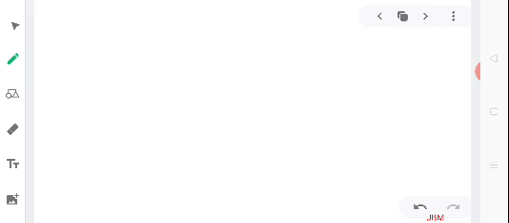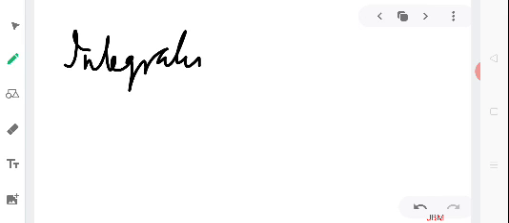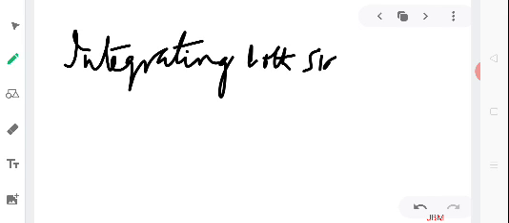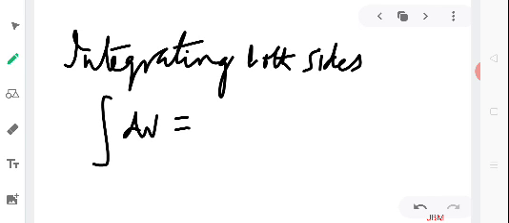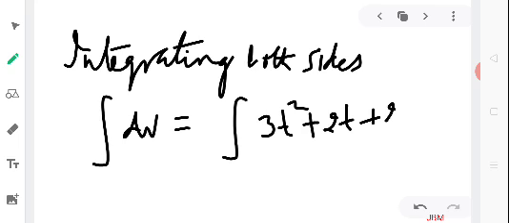So now we have to integrate. So integrating both sides within the conditions of motion, we have integral dv equal to integral (3t square plus 2t plus 2) into dt.